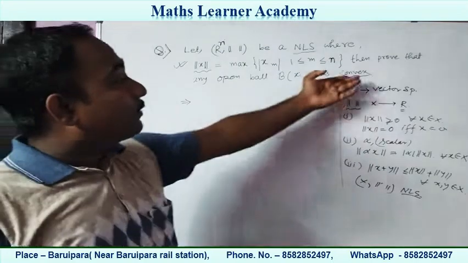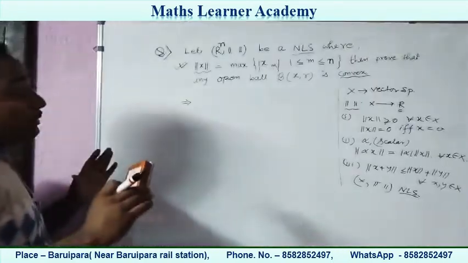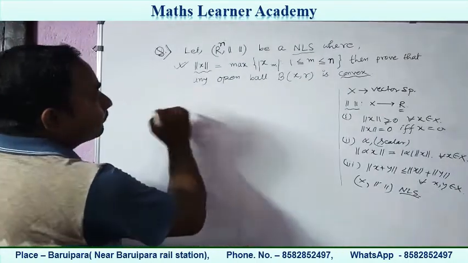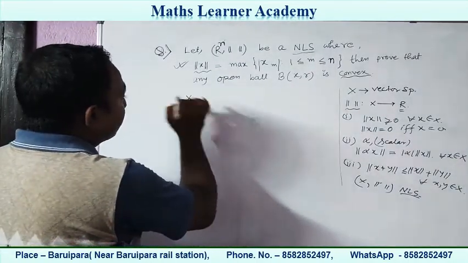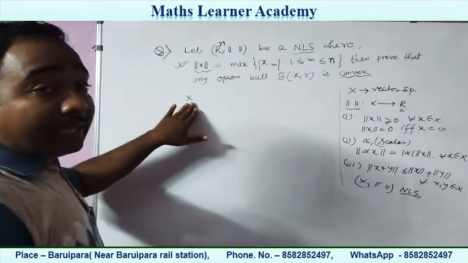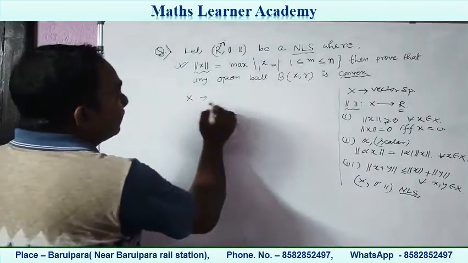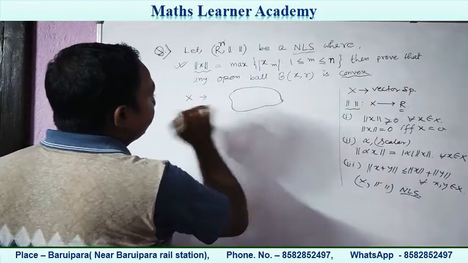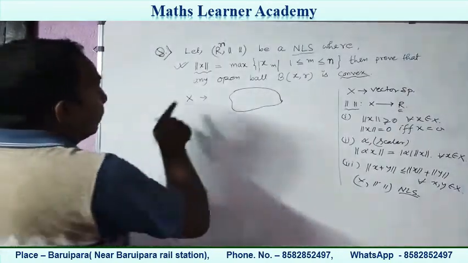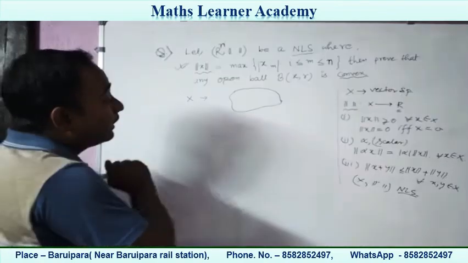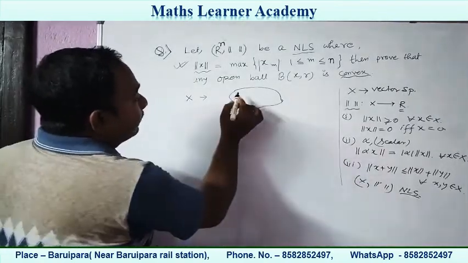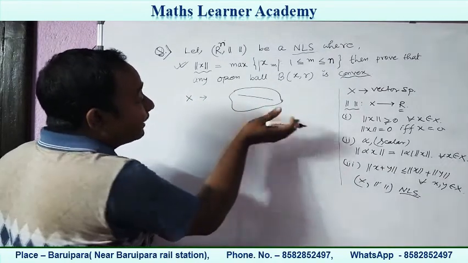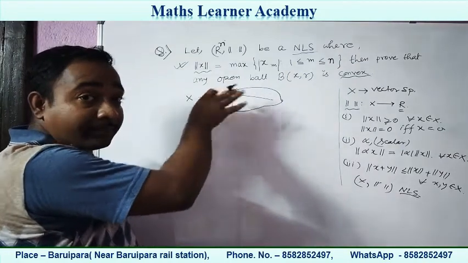So let's define the concept of convex with the help of geometry, right? Convex means, suppose I take a set X whose geometrical figure is like this. Now the set X is called a convex set if the line segment joining any 2 points in this set lies within this set, right?